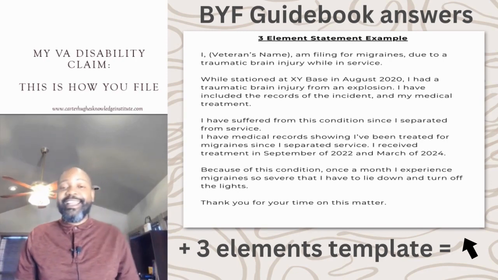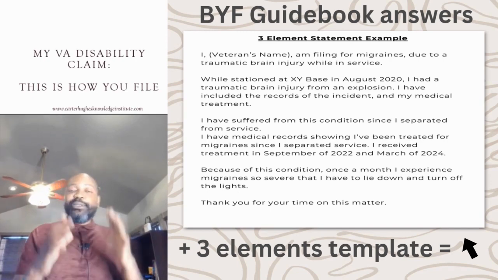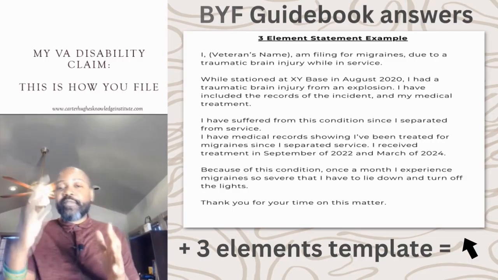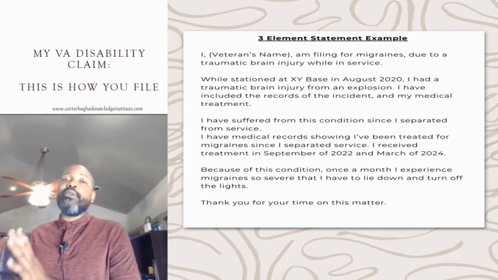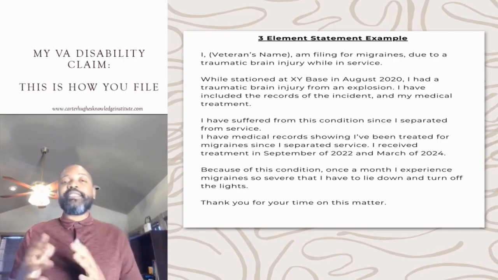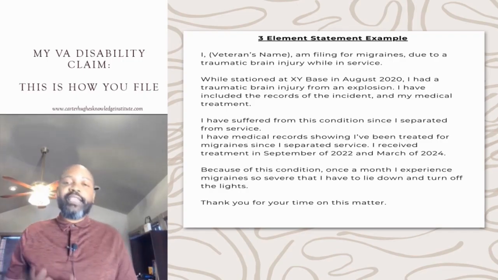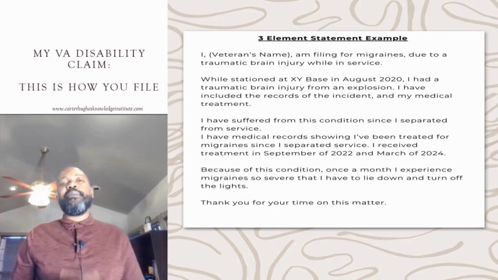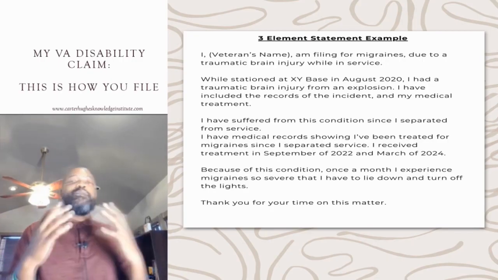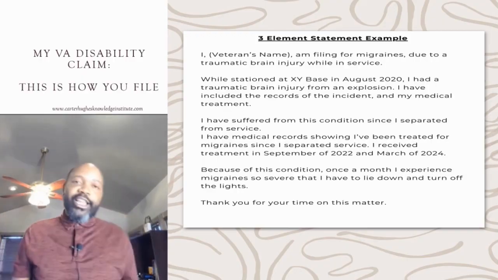You know what I mean? And that's pretty much it. So all we do is take this statement, copy it, and then paste it right onto the 21-4138, the statement in support of the claim. And again, we advise doing statements for every condition that you're filing for. Make it easy for the rater so your approval chances are greater.